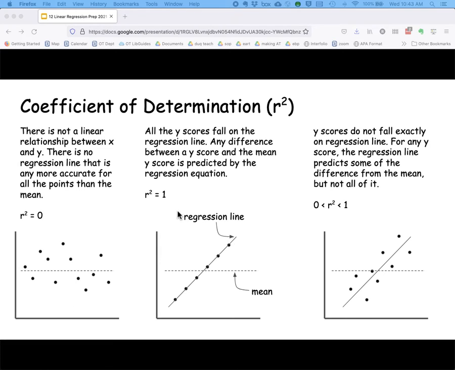If r squared is exactly 1, that means that if you know what the value of the predictor variable is, you can tell exactly what the value of the outcome variable is. What's usually the case is that r squared is somewhere between 0 and 1. And the bigger r squared is, the more accurate your predictions are.